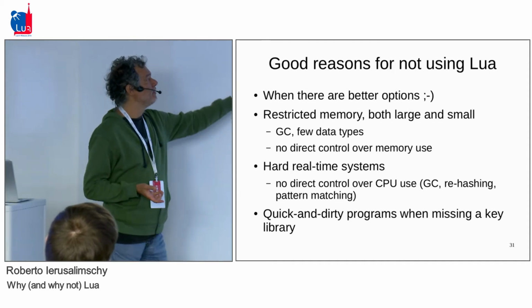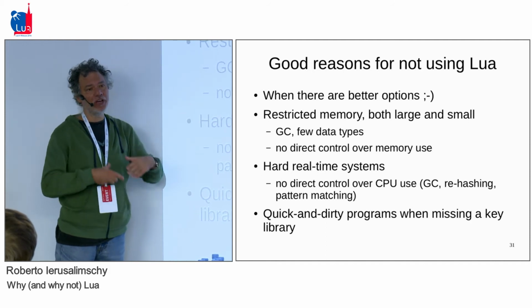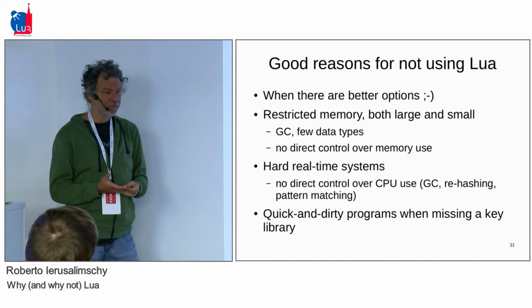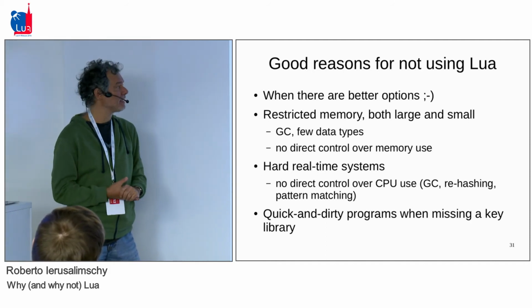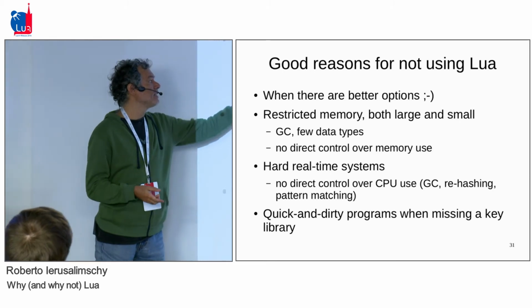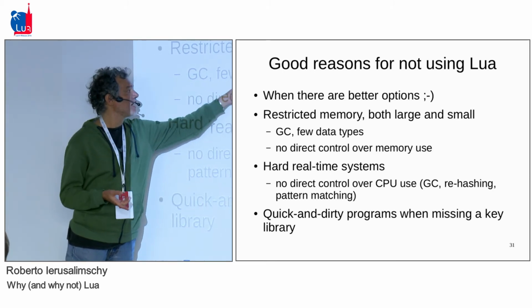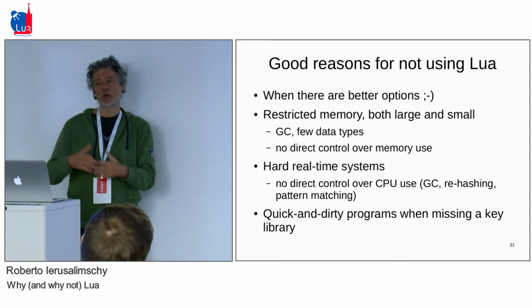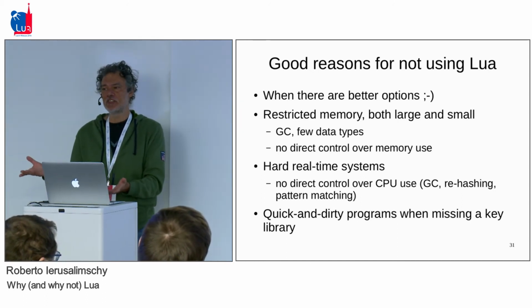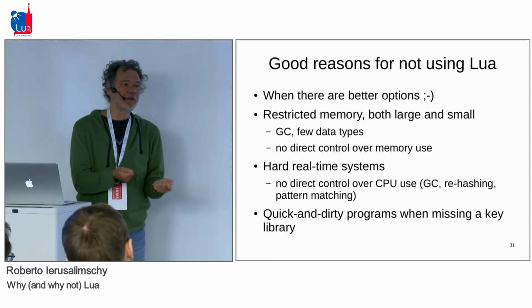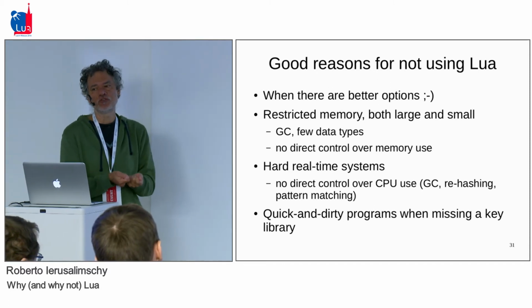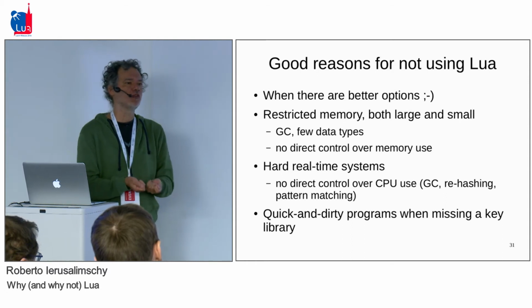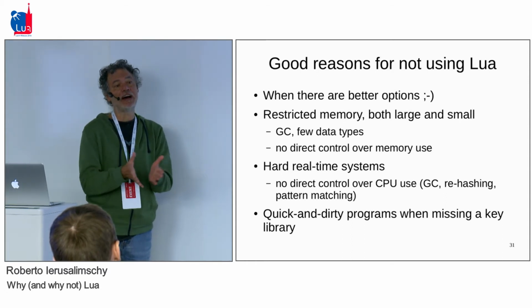For instance, if you have garbage collection, you're already wasting some memory. That is a fact about garbage collection. And Lua and several other languages have few data types. For instance, you have only one type of integer, one type of double precision. And for this application, it's essential that I use single precision floating point, because then I use half the memory.